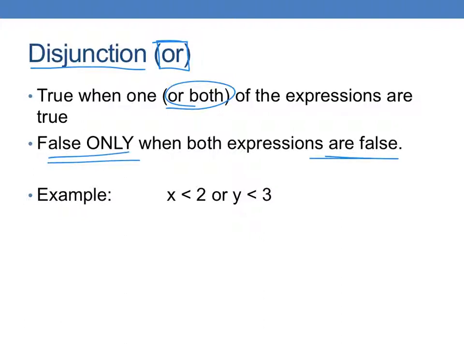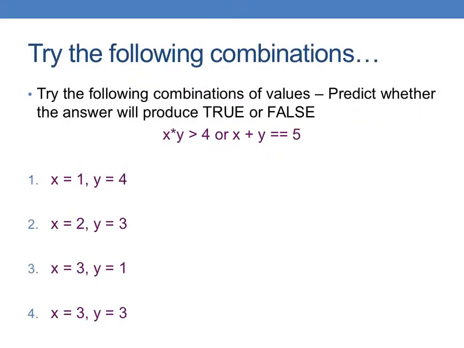So it's this or this or this or this needs to be true, and if one of these is true, then all of the code will run. Notice it uses the word or, and it's slightly different than the and. In the and, you need all of it to be true or it's false, and here you just need one part of it to be true, and it will still evaluate to be true.